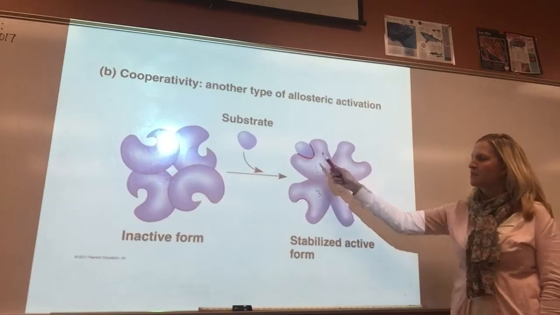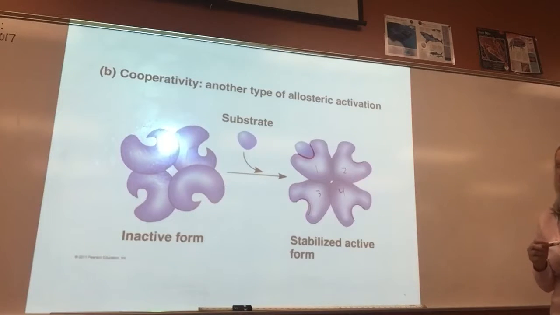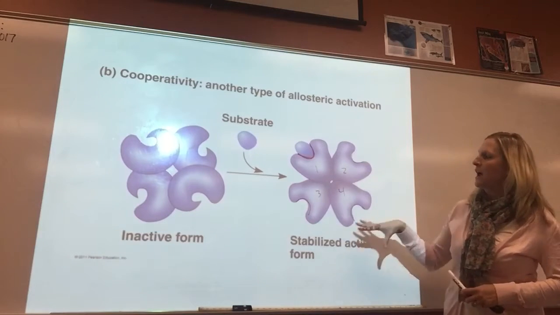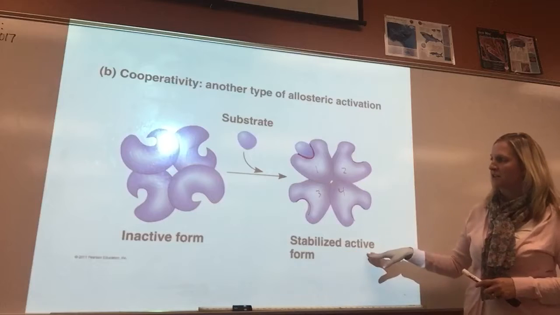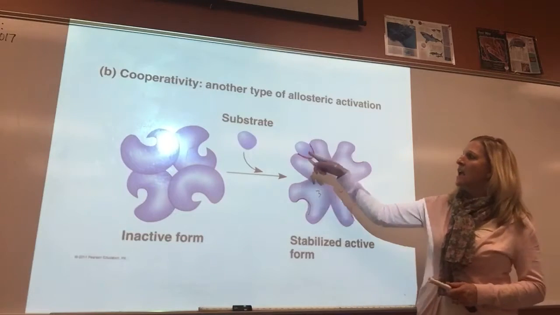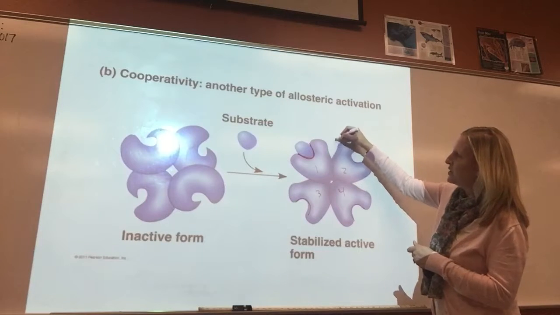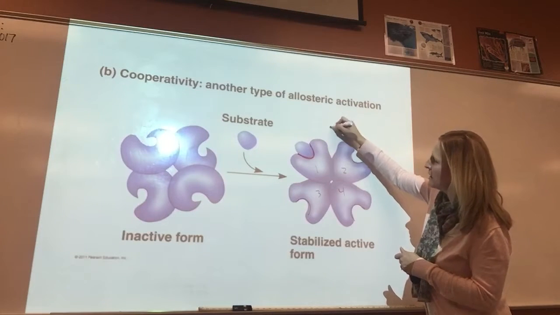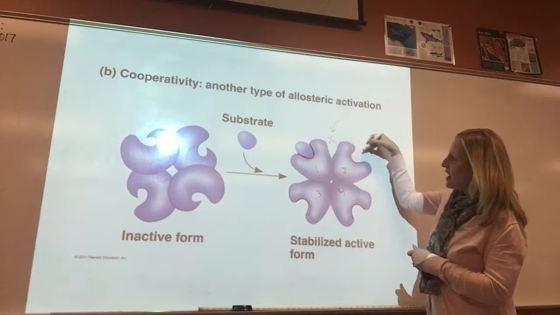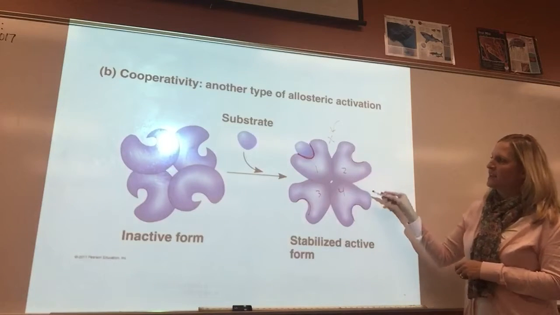All it takes is one substrate to bind to one active site to stabilize this whole enzyme in the active form. Meaning that if you have a substrate bound here, you can't have an inhibitor come bind here. So the inhibitor can't bind there and make it the inactive form.